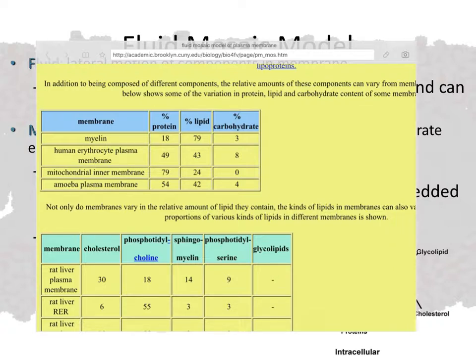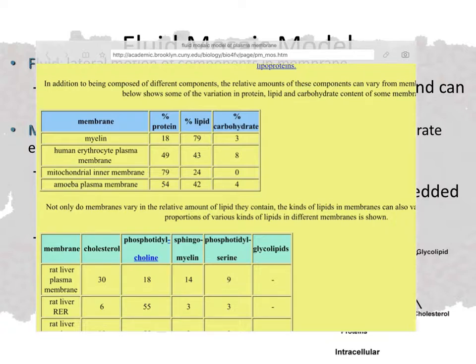Why does that make sense? Whereas if you look at the blood cell, it has the highest concentration of sugar on it. Why does that make sense? Let's look at carbohydrate first. Why does it make sense that there's more carbohydrate on the blood cell versus myelin? Recognition.